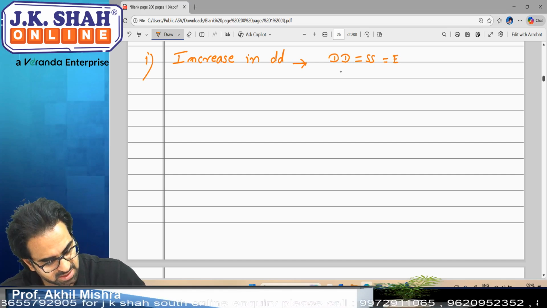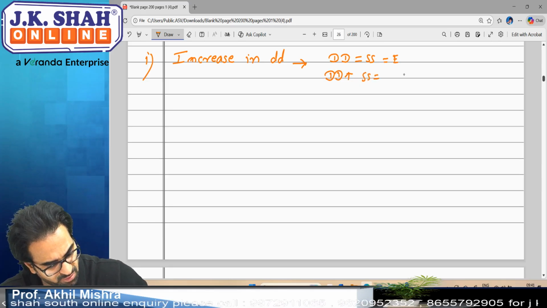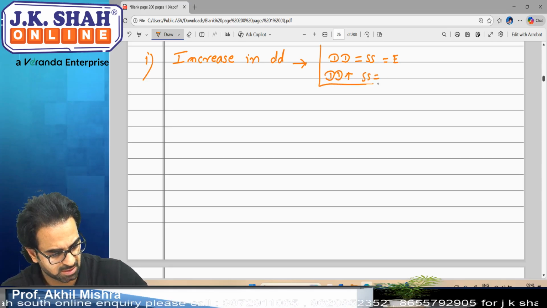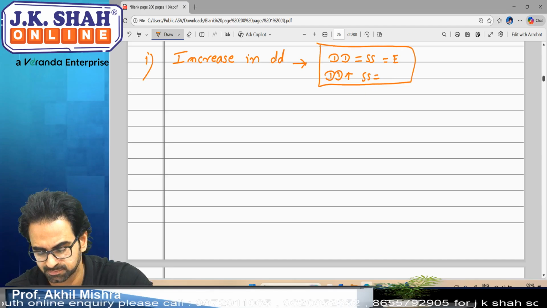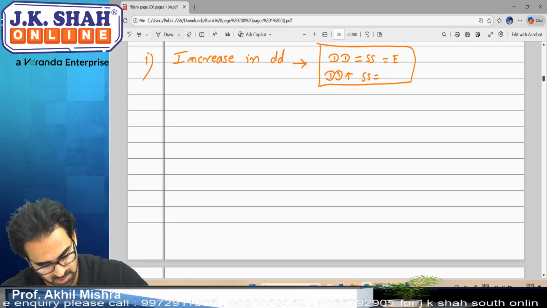Increase in demand means demand has increased, but supply remains the same as before. Understand me? This we have to show. So how can we go?